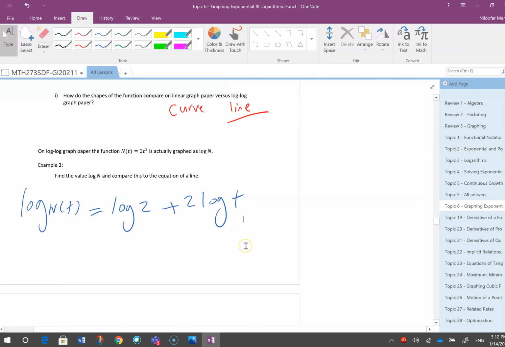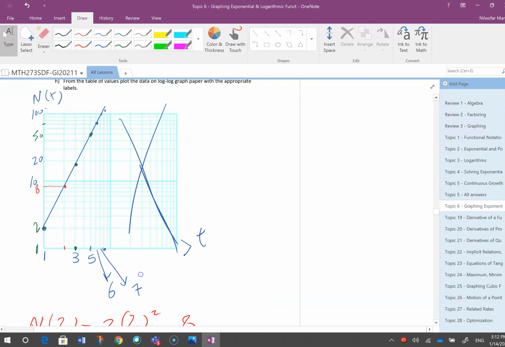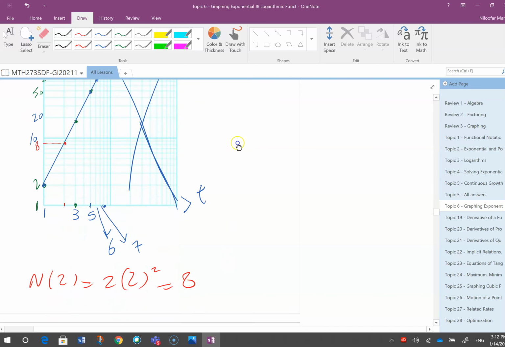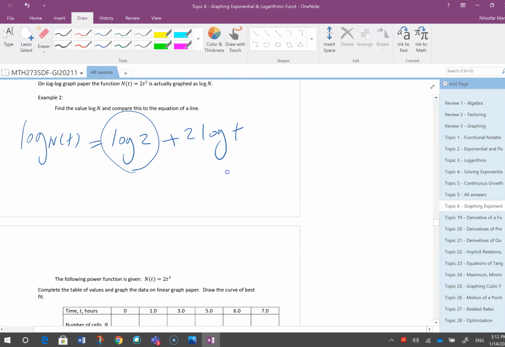Okay, so what is 2 here? 2. Okay, I go to the table. I see 2 is for value equal 1. So this is the value that I have to use for t equal 1, not 0, because here this is my y-intercept, right? So this is for t equal 1.